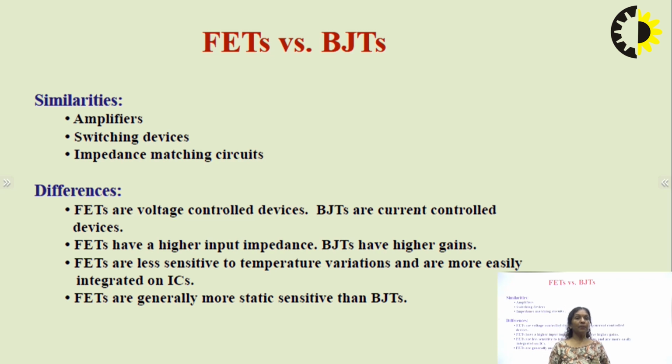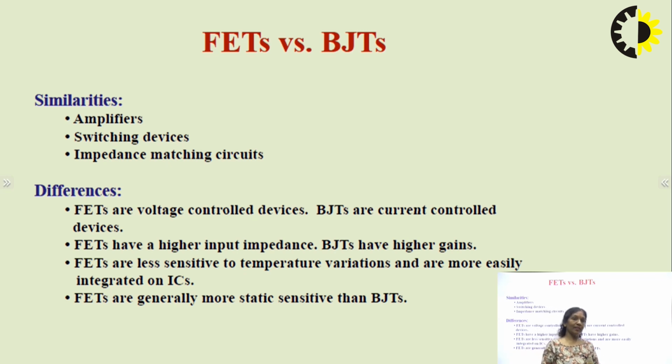The second difference is BJT is a current control device and FET is a voltage control device. What do we mean by current control device and voltage control device? In case of BJT, the output current of the bipolar junction transistor is controlled by input current, and it is independent of the output voltage.